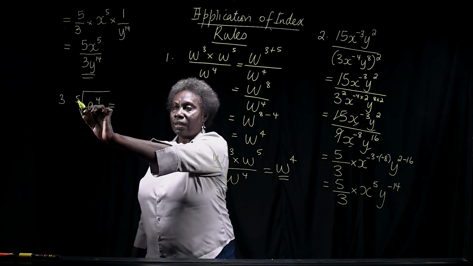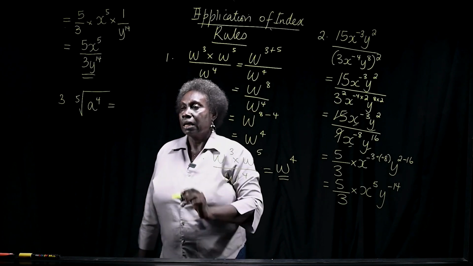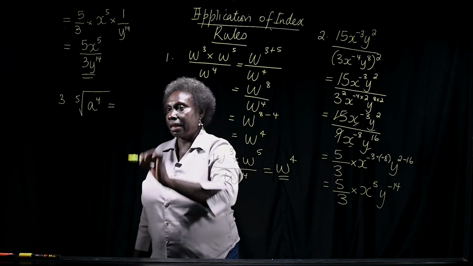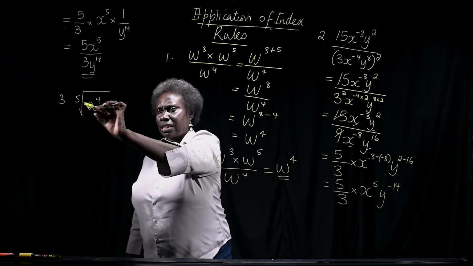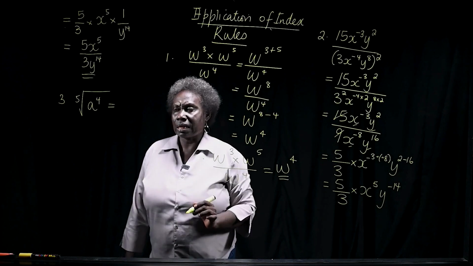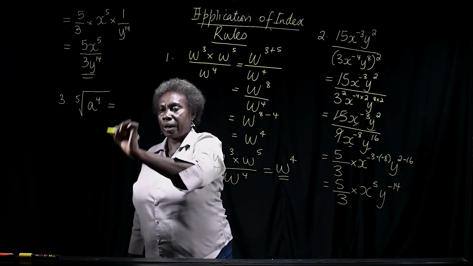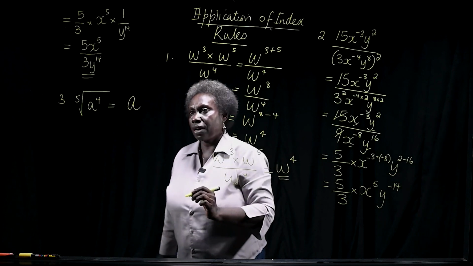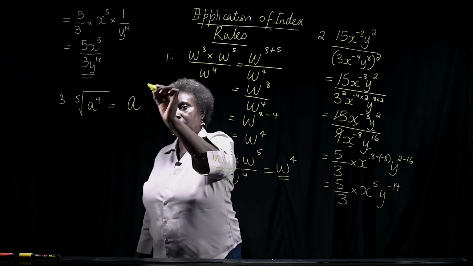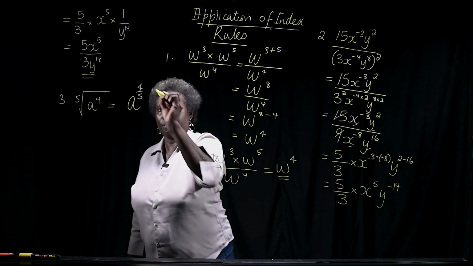Okay, we know that the nth root always tells us the denominator, and the power always gives us the numerator of the fraction. So a will be the base. So if you write it in fractional index form, that's a to the power of 4 over 5.